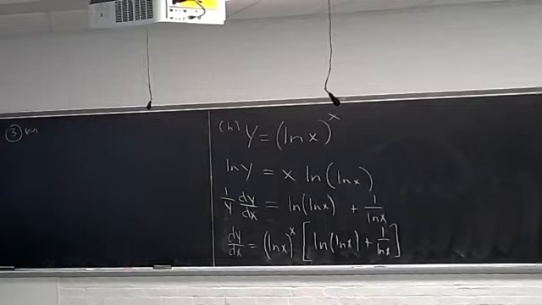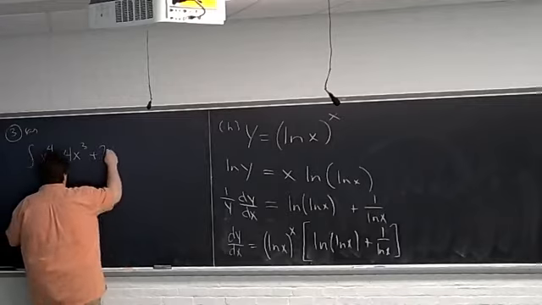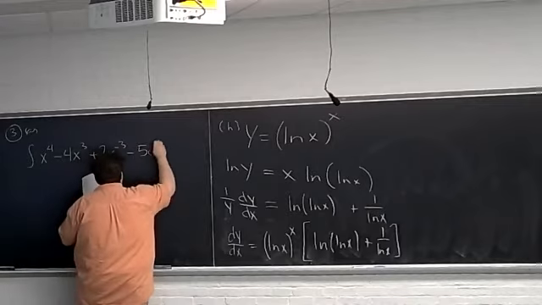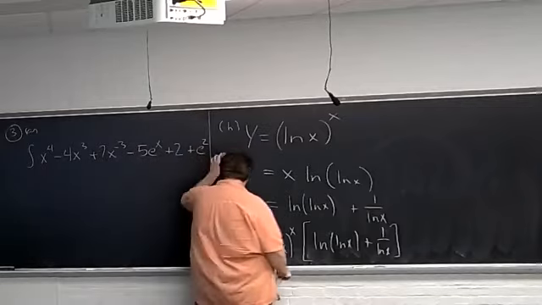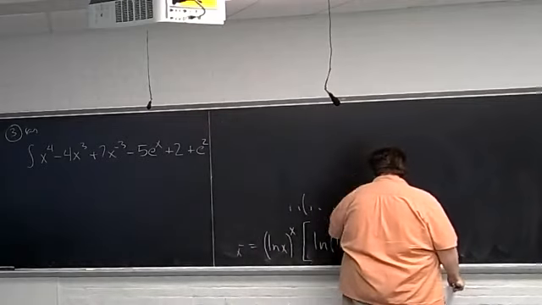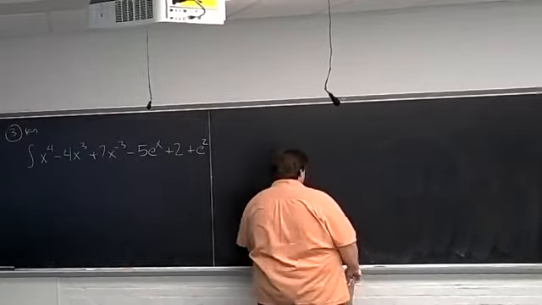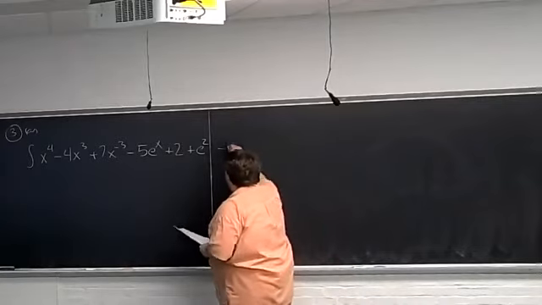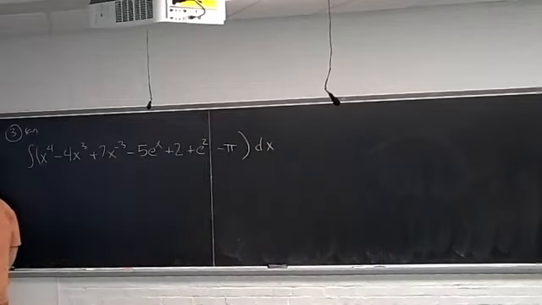Okay, number 3, evaluate each definite or indefinite integral. So for part A, we have an indefinite integral, which is fortunate because we have lots of terms, so an eventual substitution would be pretty tedious. x to the fourth, negative 4x cubed, positive 7x to the negative 3, negative 5 e to the x, 2, e squared, negative pi.